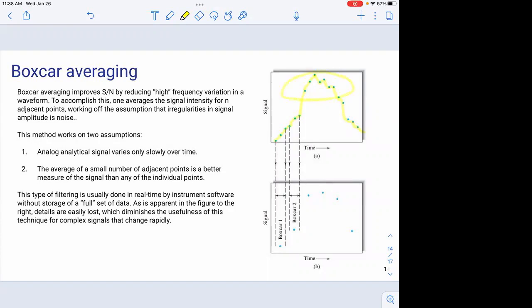There might be some useful signal up here, but when we boxcar average, let's smooth everything out. Indeed, we do have a smoother spectrum down here in the bottom, but who knows if what was up here was useful? It might have been, but now it's definitely gone. Okay, so details are easily lost, which is sometimes pretty detrimental to the way that you are using your data.